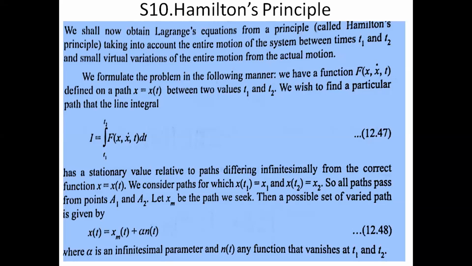With this condition, at t1 and t2 we get x1 and x2, so all such paths will pass through the points A1 and A2, which correspond to times t1 and t2. This is what I have shown in slide 11.